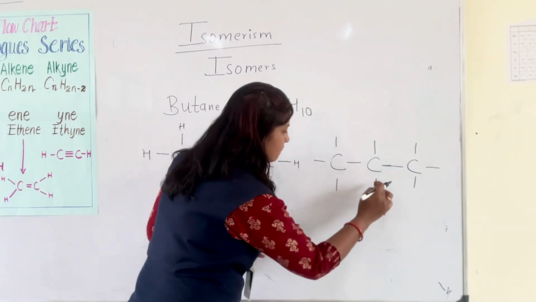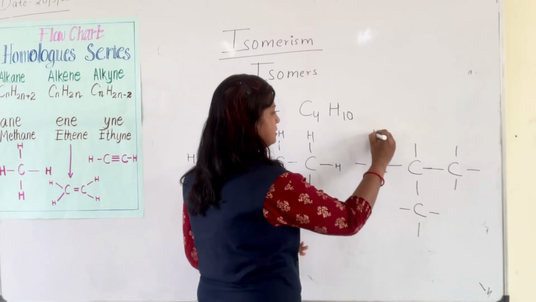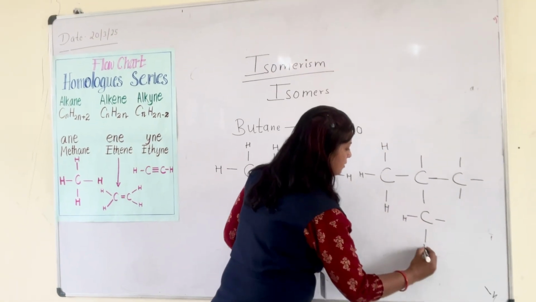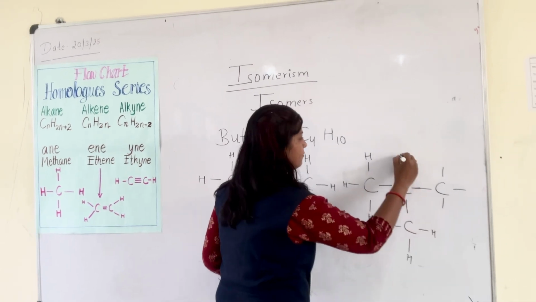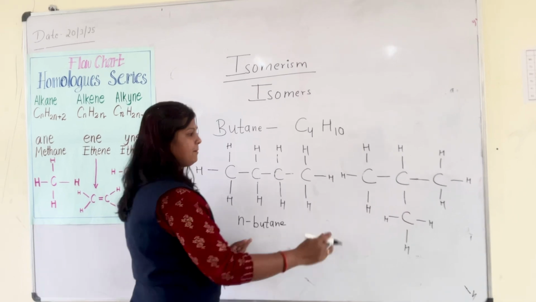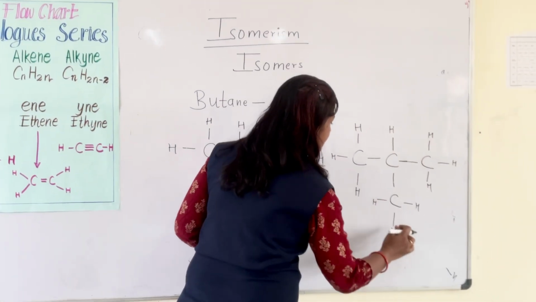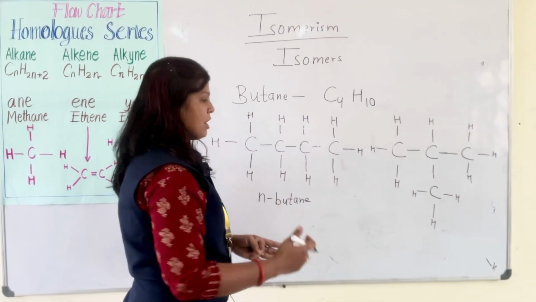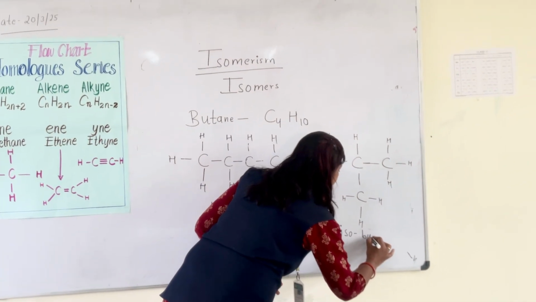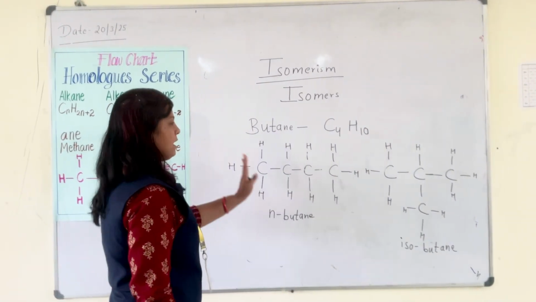For this carbon, 1 is there. You make it 3. Then satisfy with hydrogen. Now count the hydrogen: 1, 2, 3, 4, 5, 6, 7, 8, 9, 10. Now what is the name? Isobutane. Clear?